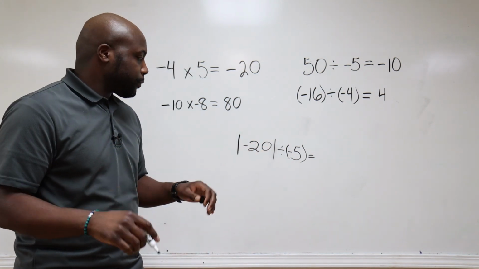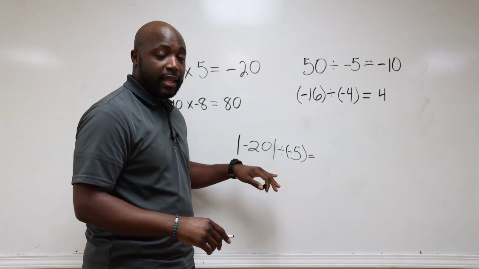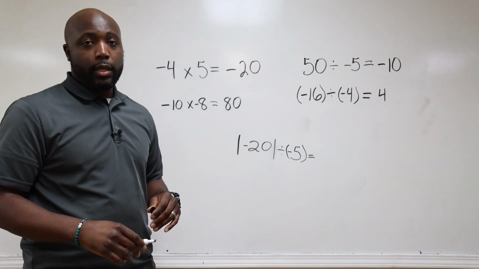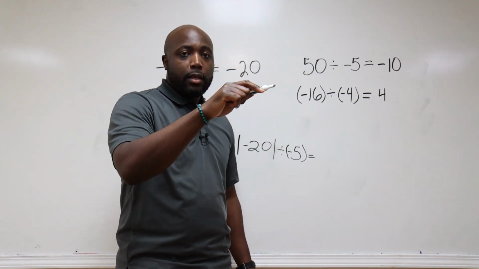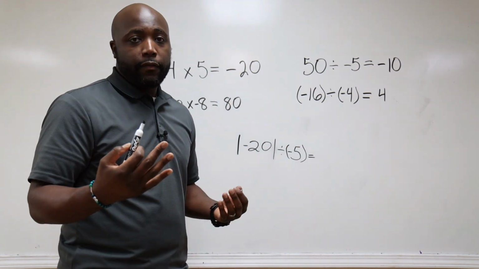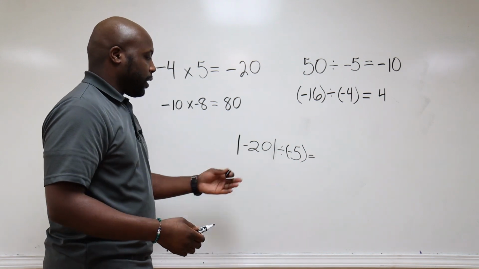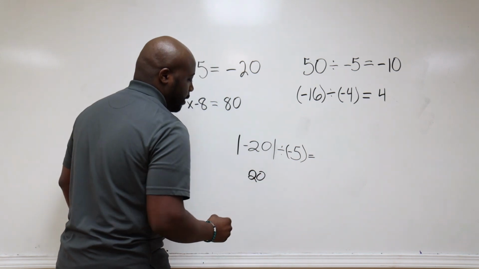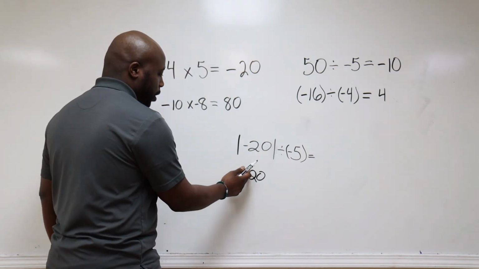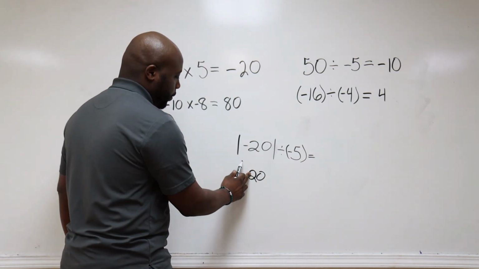Well, not quite. Here we have to take the absolute value of negative 20. That means on a number line, how many units is negative 20 away from 0? Negative 20 is exactly 20 units away from the number 0.